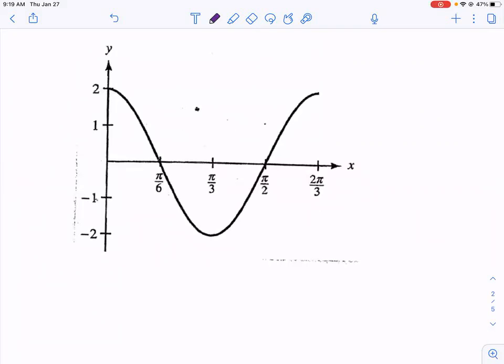Nate, is this a sine or a cosine graph? It's a cosine graph. So we know we have y equals A cosine of Bx minus C plus D. That's the equation that we need to write, and we need to identify A, B, C, and D. Okay.